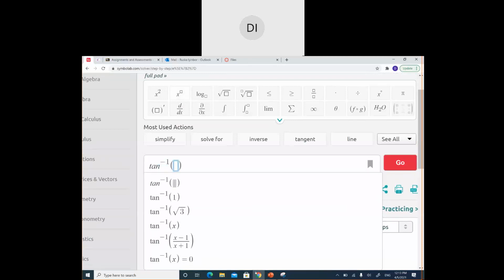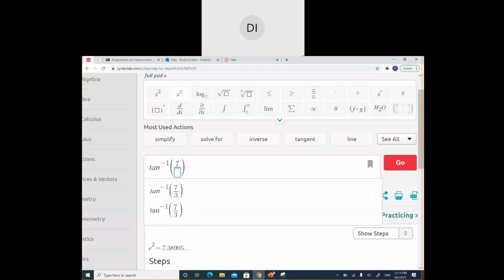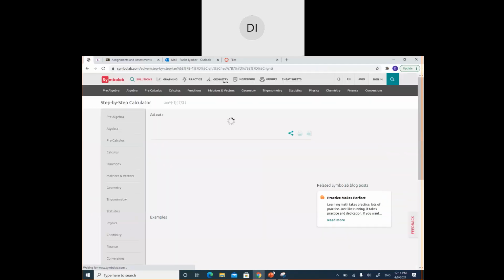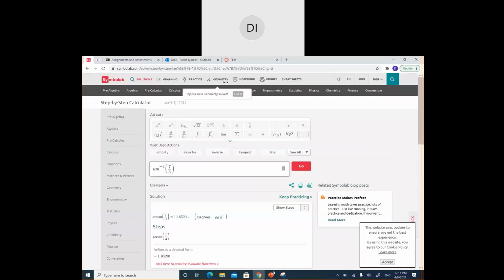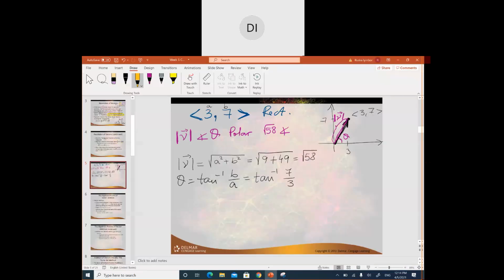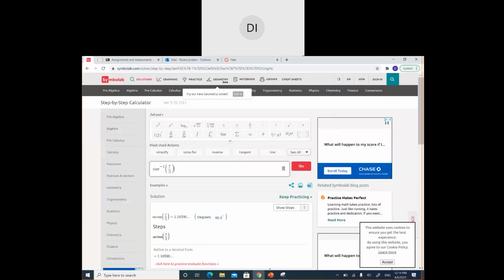And then I'm going to put, what was that, 3 over 7? Yeah, 7 over 3. Okay, and because it's in the first quadrant, it's going to be the same. So it's 66.8 degrees. The first one here is radians.